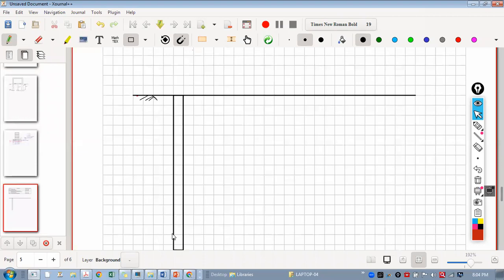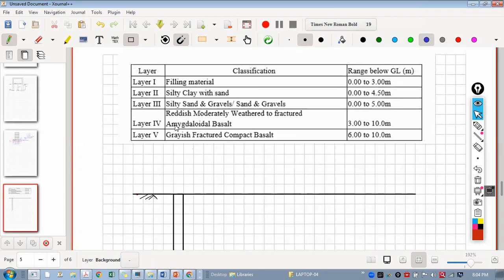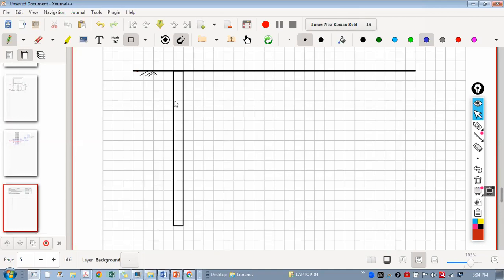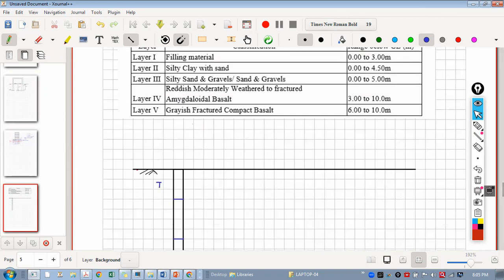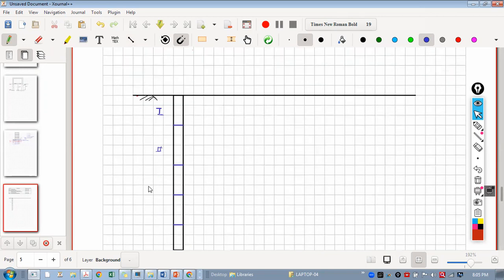So we are drilling below the ground, and in that we are getting different layers. This is your first layer, then second layer, third, fourth: layer 1, 2, 3, 4, 5.